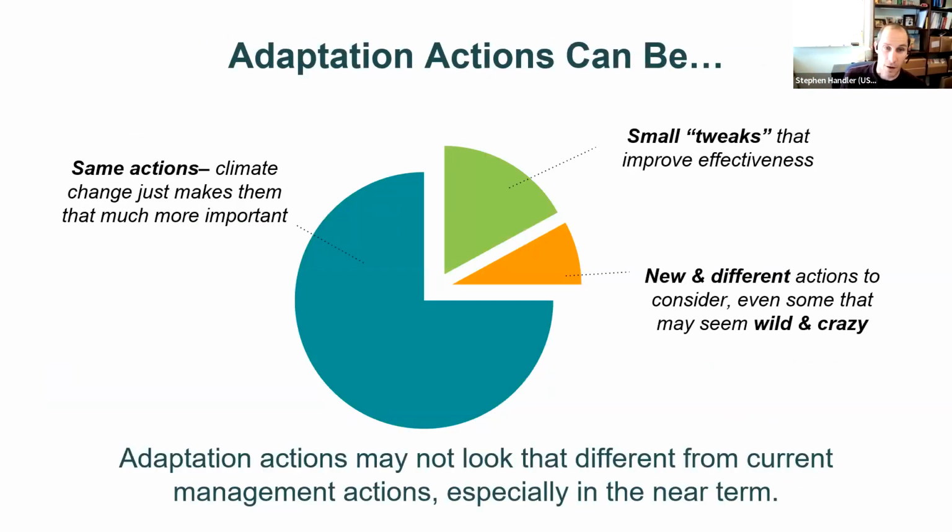And from our years of combined experience at NIAX, having climate adaptation discussions with different project leaders in a whole variety of ecosystems and a whole variety of contexts, something that is reinforced again and again is that climate adaptation does not have to look different than the management you're already doing.